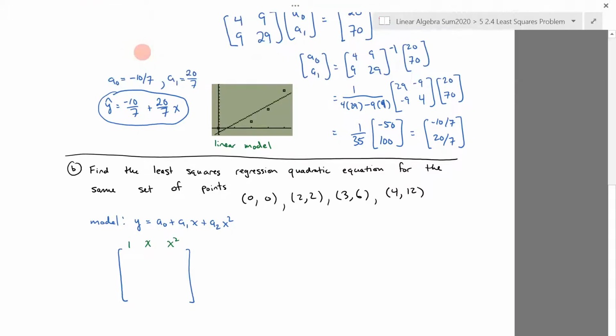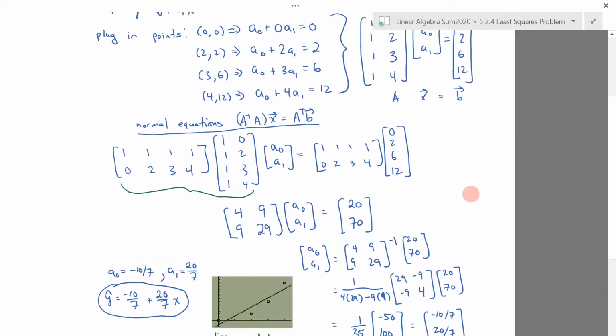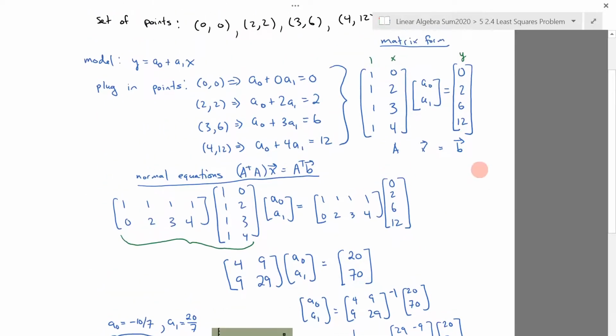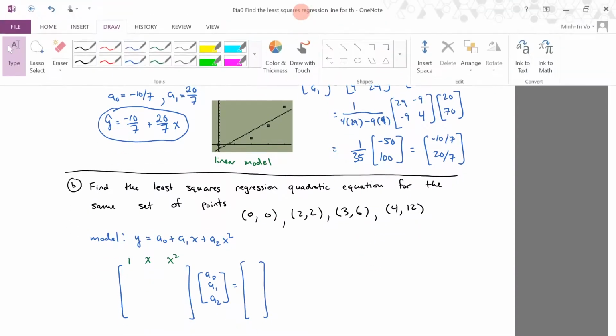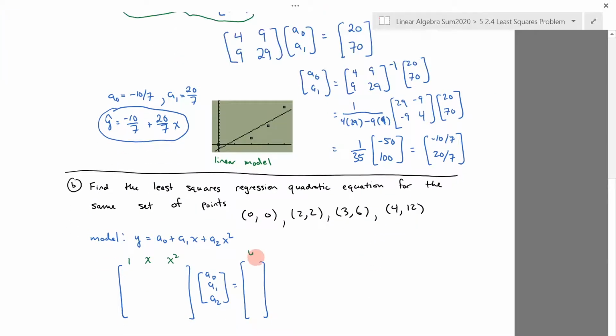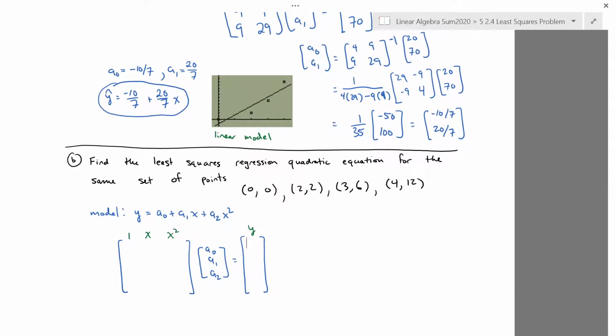Our model has 3 unknowns, A0, A1, A2, and the vector B is all the y values. So I can just set up the matrix equation straight away.